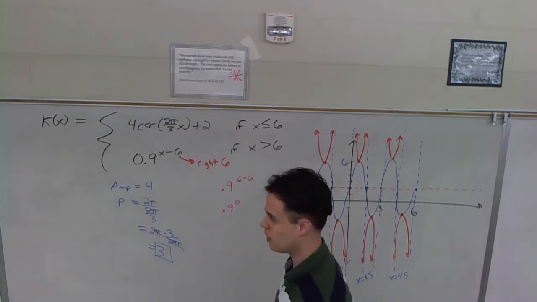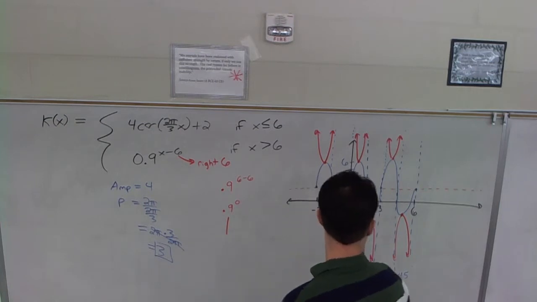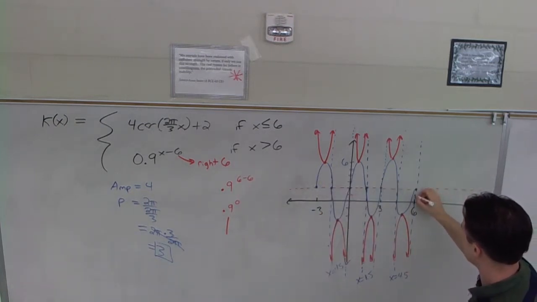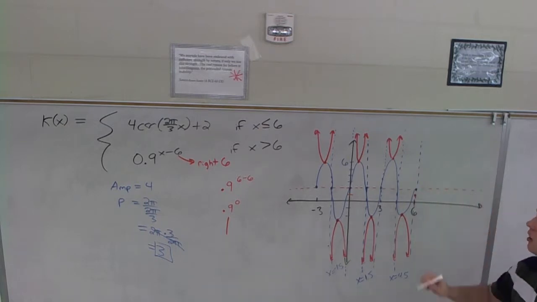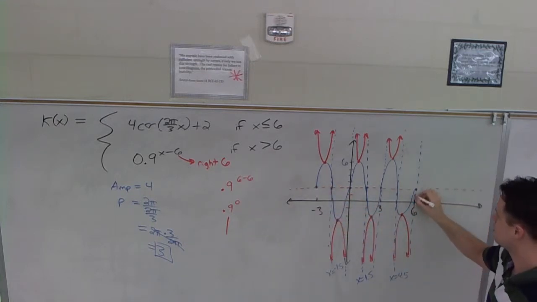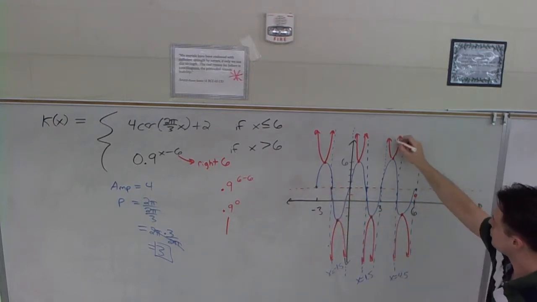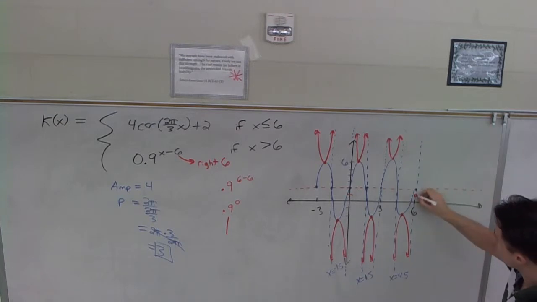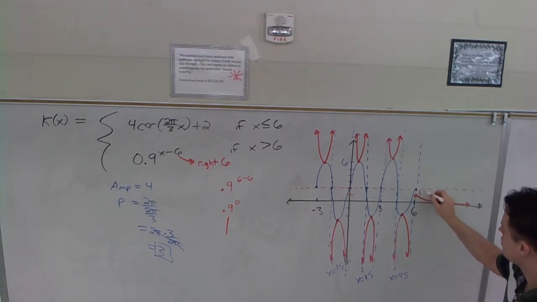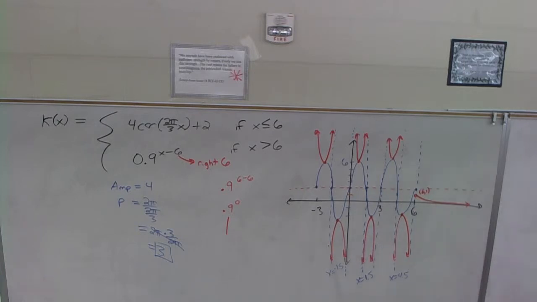What's anything to the 0 power? 1. So at 6, this guy is 1 right there. Open. And then it's an exponential decay. Erlen's already telling me, hey, it's supposed to be an open circle, right? And exponential decay would go like this. So I think it's going to go and approach that asymptote. And I'll probably label this edge as 6, 1. And I'm done.